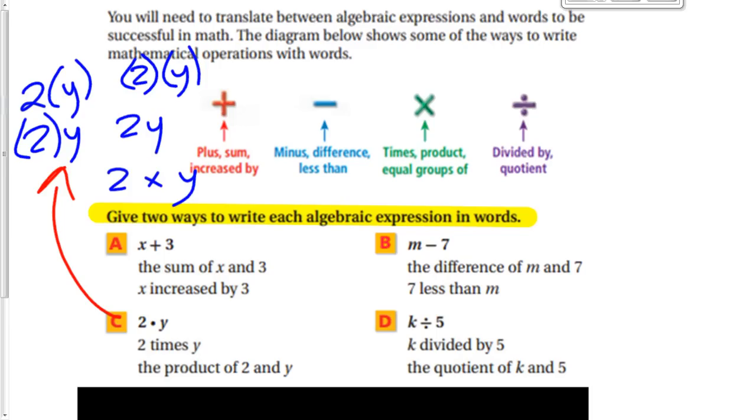But you can have 2 times y in parentheses, 2 in parentheses times y, 2 in parentheses times y in parentheses, or just 2y. So a number next to a letter means you're going to multiply or double y. And then the last one is 2 times y using an x for multiplication. I don't usually use this one, and you can probably imagine why. It's because x looks like a variable. So we typically don't use that one, but it is the way that you're used to seeing multiplication, like in elementary school. All right, and then we'll move on to the last topic here.